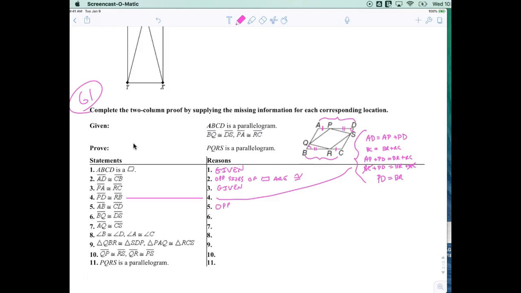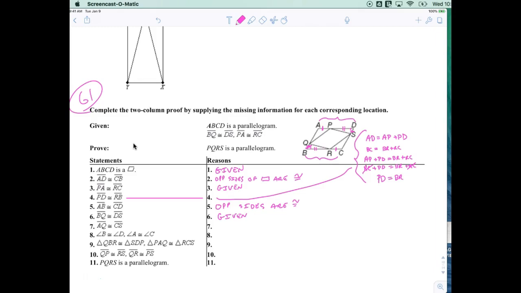Opposite sides are congruent. And then why is BQ congruent to DS? Given. BQ is congruent to DS.